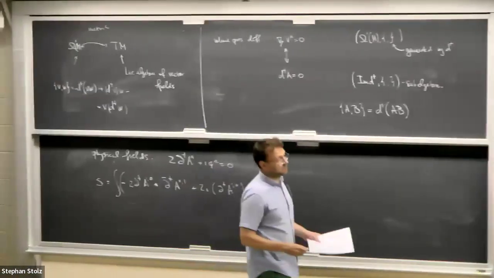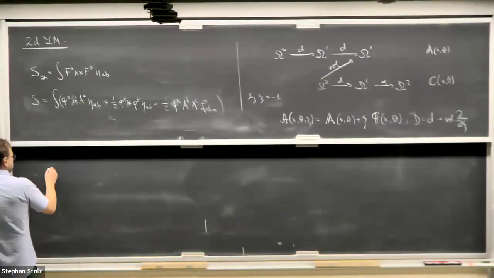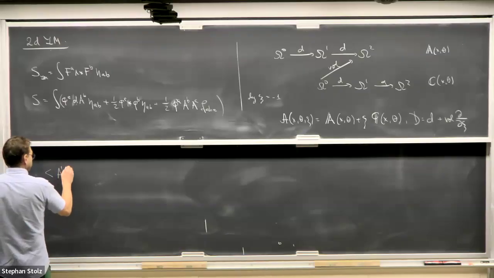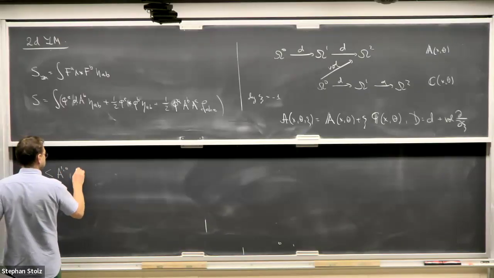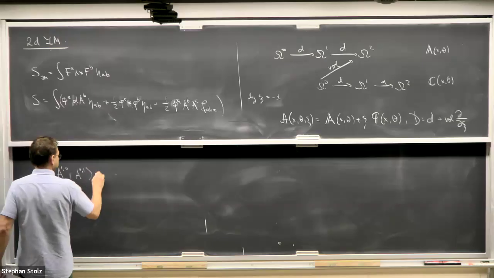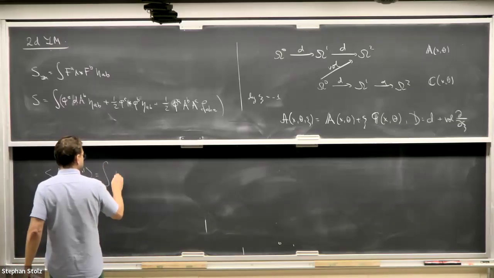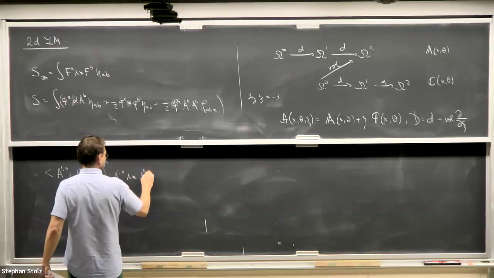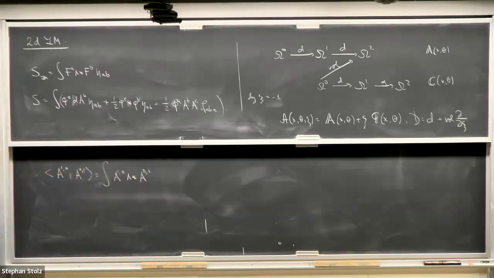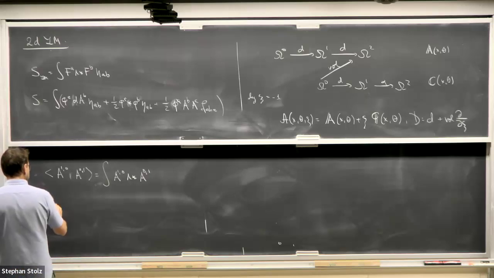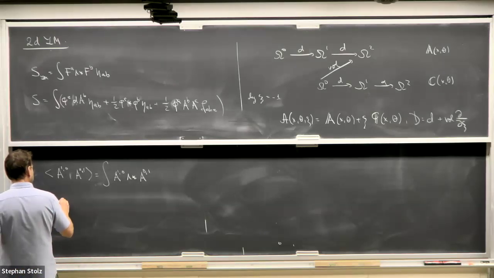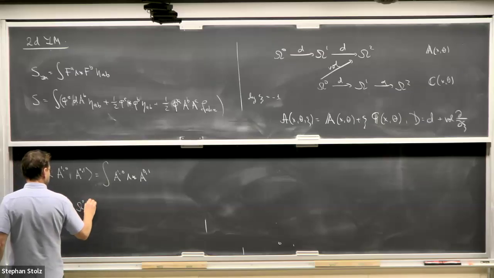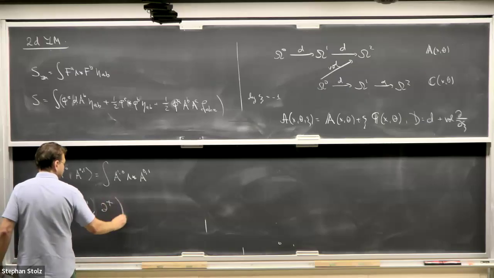So the pairing between the 1,0 form and the 0,1 form would be just what you would guess. Now the bracket on your forms, 1,0 form plus 0,1 form, is generated by D-dagger.